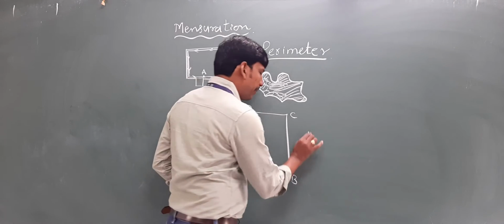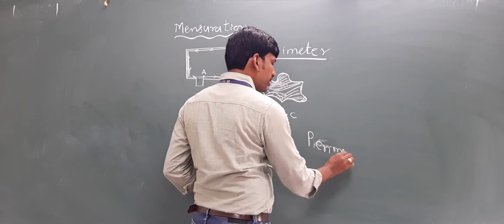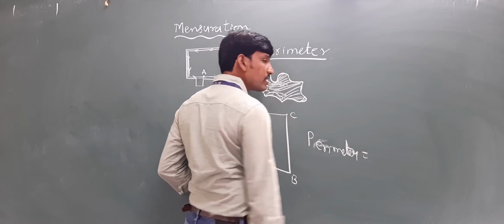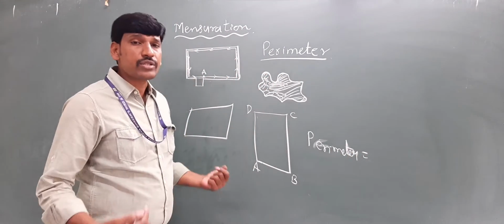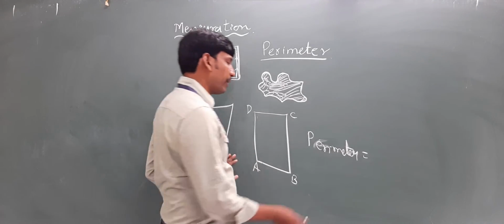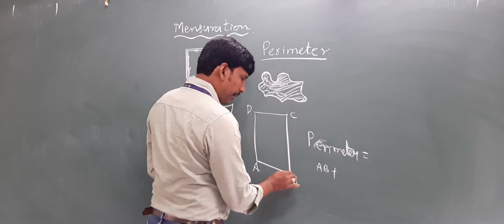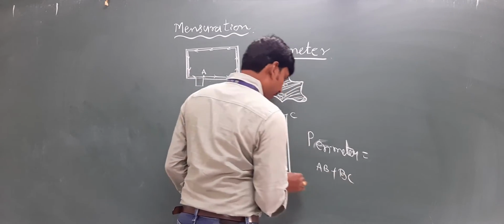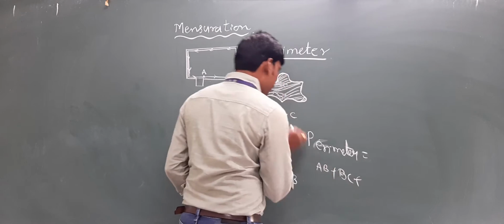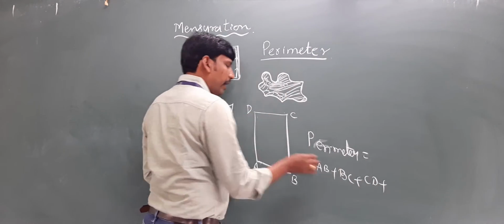Perimeter P is equal to, what is the perimeter? I told you, the sum of all the sides of a given figure. Perimeter is equal to the length of AB plus BC, from C to D, CD, plus D to A, DA.